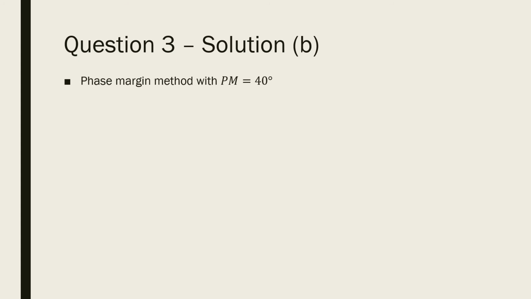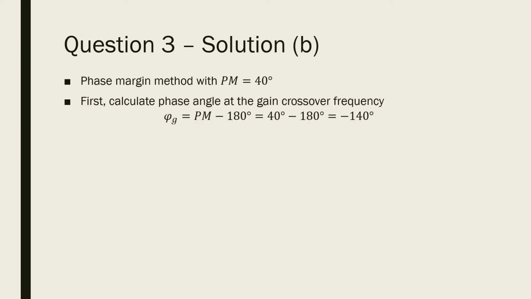In part B of the question, we are asked to design a PI controller with integral time 0.5 minutes using the phase margin method, where the phase margin given is 40 degrees. The phase angle at the gain crossover frequency is calculated as the phase margin minus 180 degrees, which gives us minus 140 degrees.